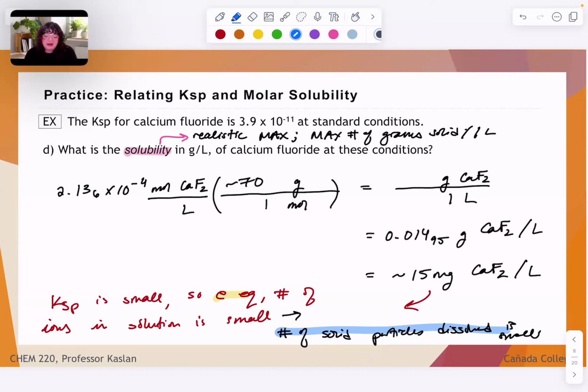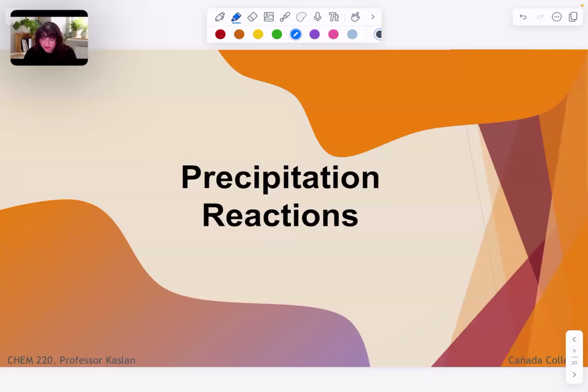So in our next lecture video series, we are going to take this understanding of KSP and molar solubility and work with it to look at the things that we care about, right? These precipitation reactions. Because from Gen Chem 1, we have a really limited idea of what precipitation is, right? We looked at our solubility rules that we now know don't really exist, because what do we talk about when we say something's sparingly soluble or partially soluble?